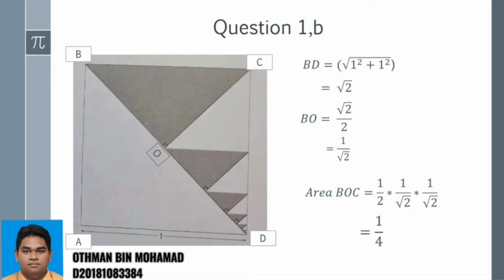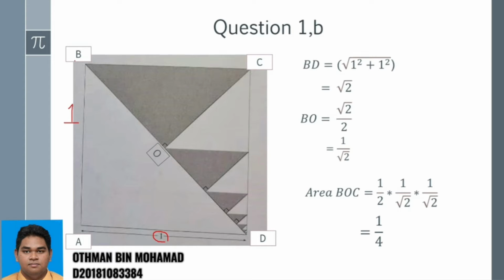Now I will show you how to find the sum of the shaded region in question 1b. First of all, we see the shape in the question is a square, and the length of the bottom of the square is 1. So the length of each side is also 1. Now we see inside the square is a triangle.